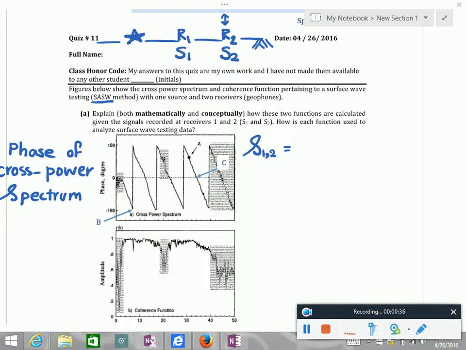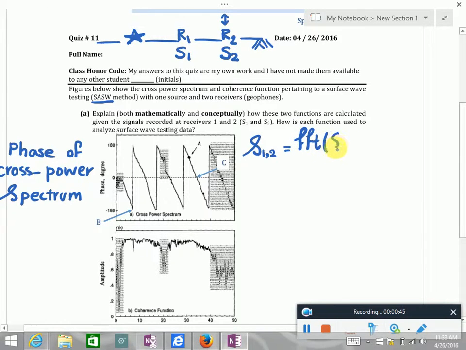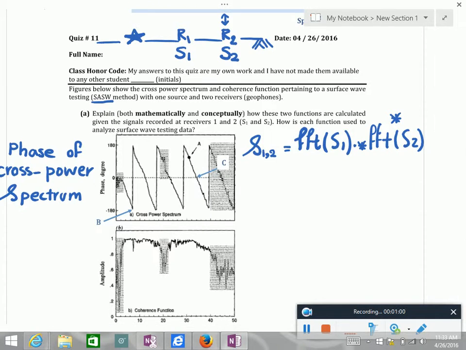Because of that, cross-power spectrum is simply the FFT of S1 times the FFT of S2 conjugate. Because if you wanted to do this in the time domain, you would calculate cross-correlation.